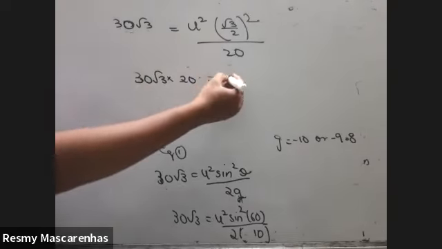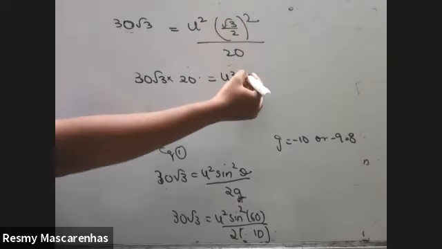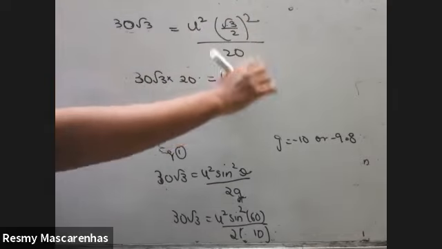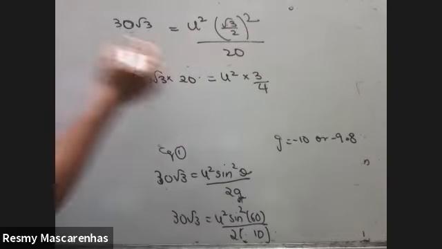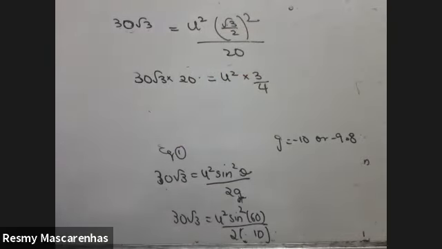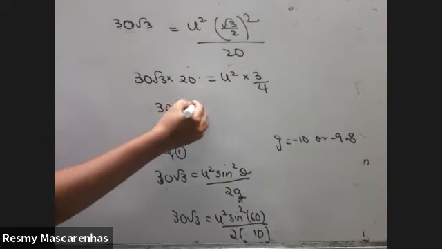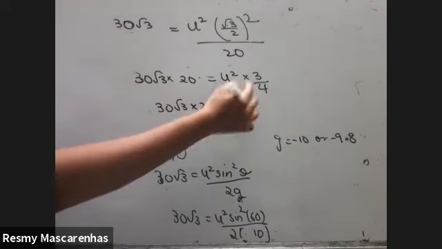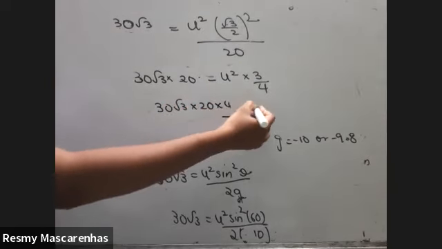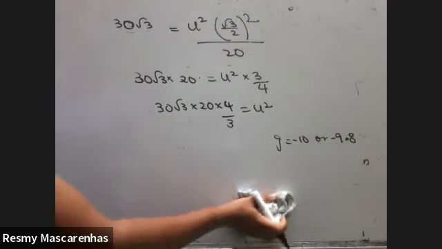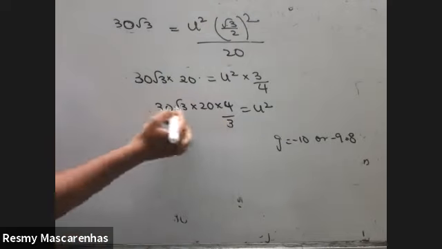Now this will be U square. Root 3 square will give you 3. It's like root 3 into root 3 will give you 3. This will give you 4. And then this will go up, this will come down, this will be 9.